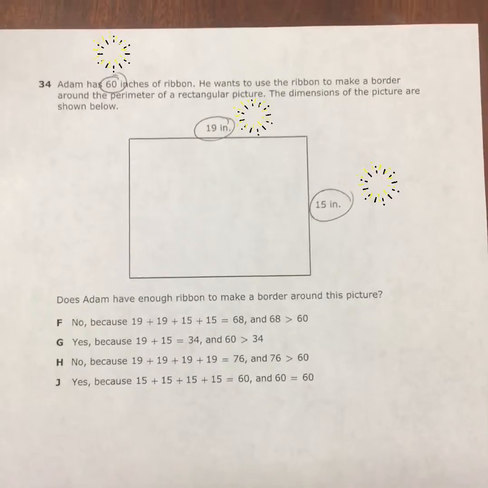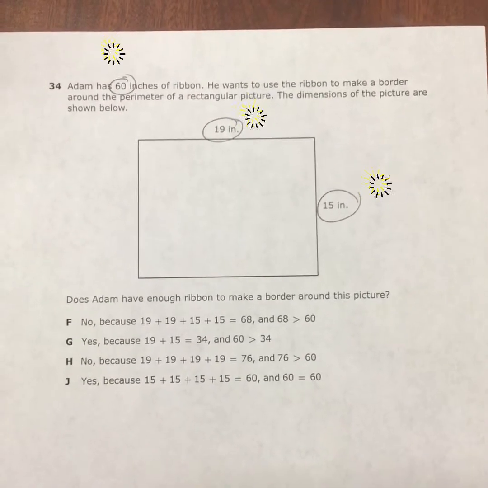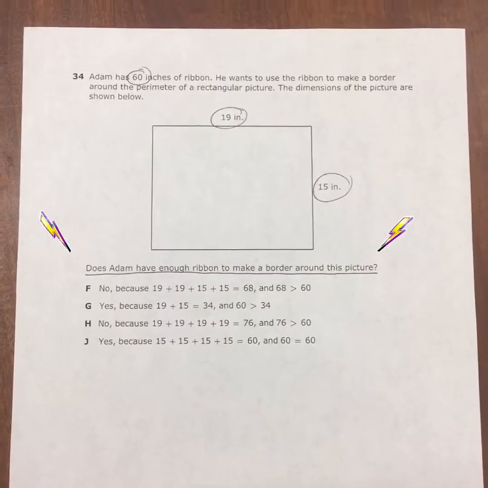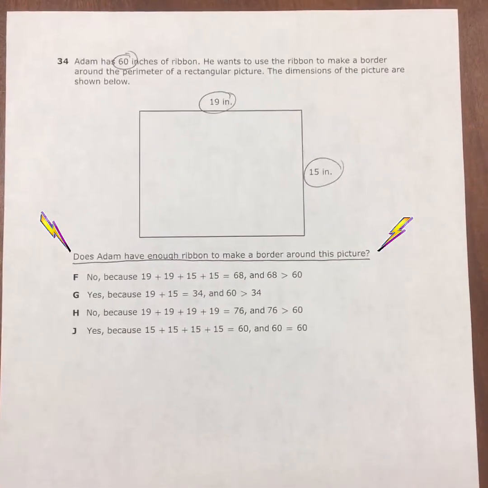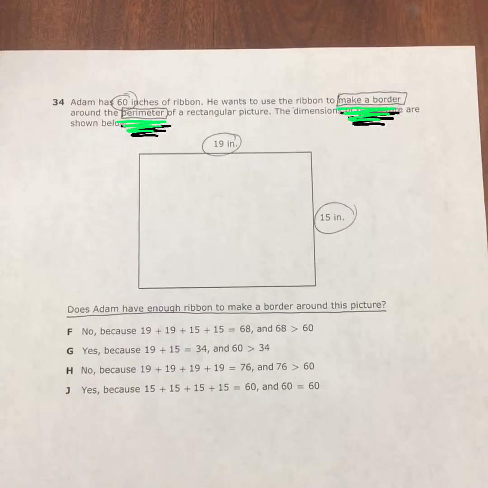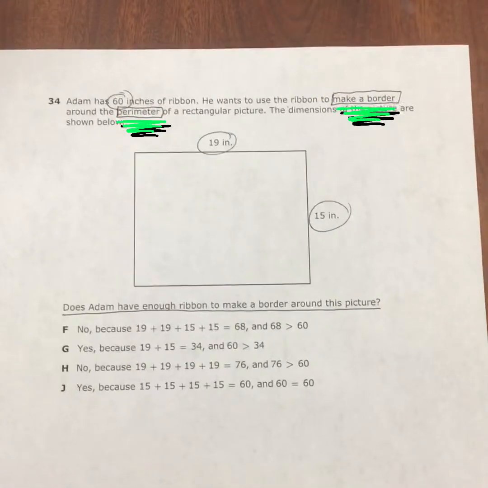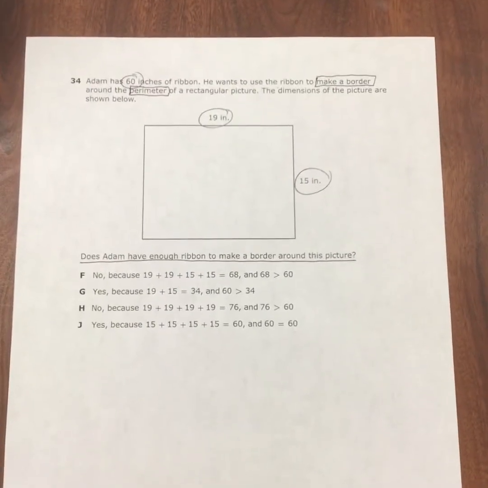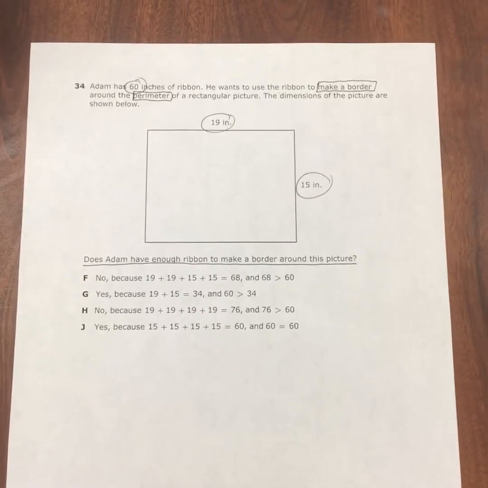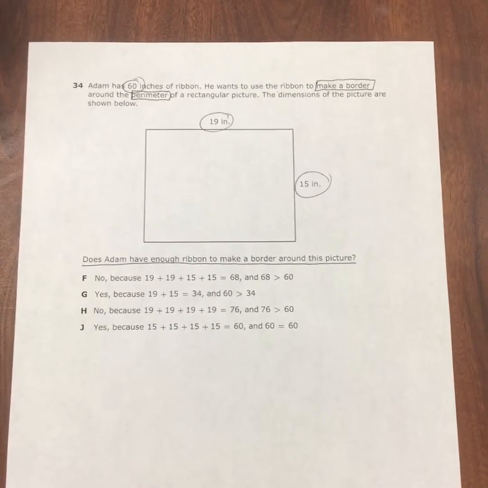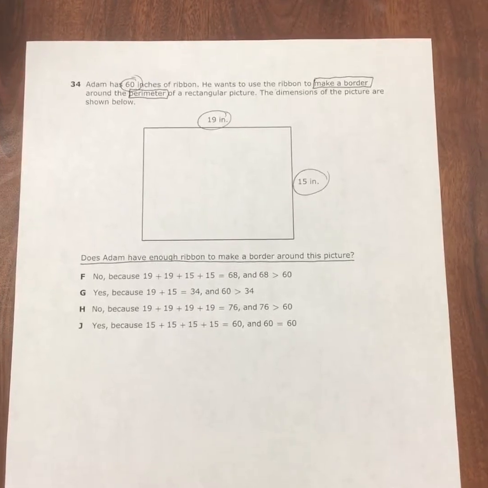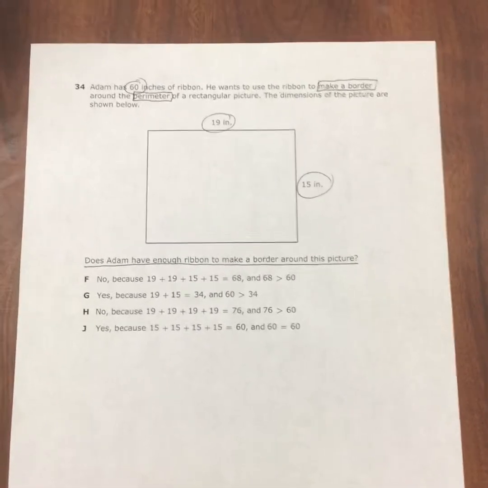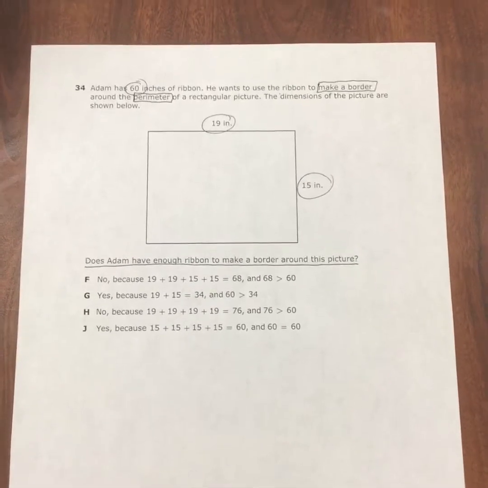You can see for step 1, I circled the important numbers. For step 2, I underlined the question. For step 3, I boxed the math action words. For step 4, evaluate, I figured out what I was doing. I'm making a perimeter out of ribbon, which means I need to solve the perimeter of this rectangle.